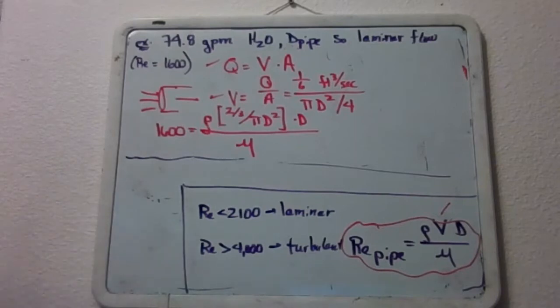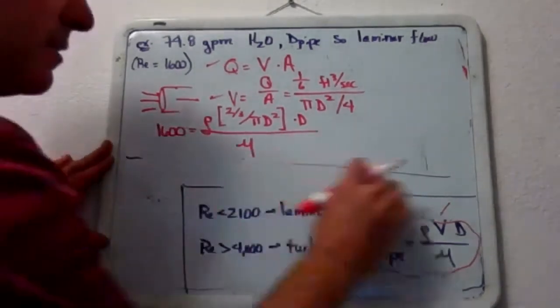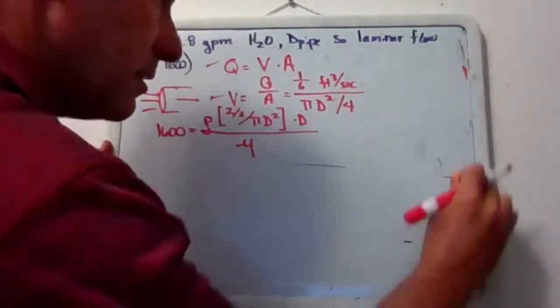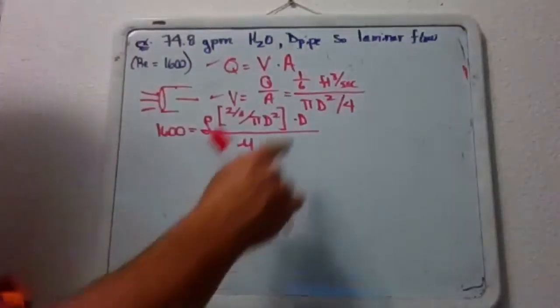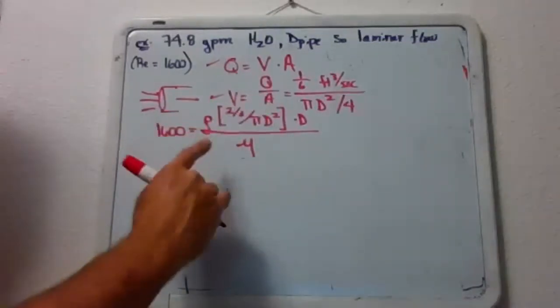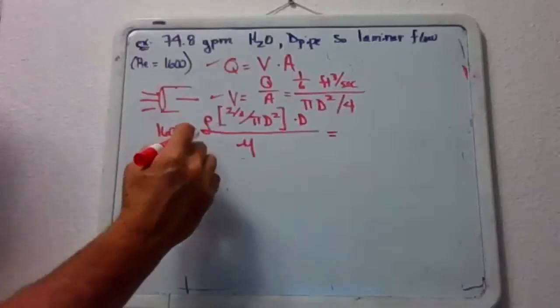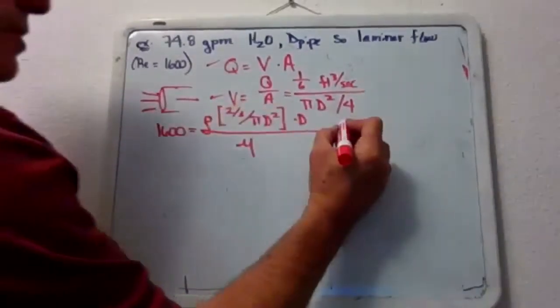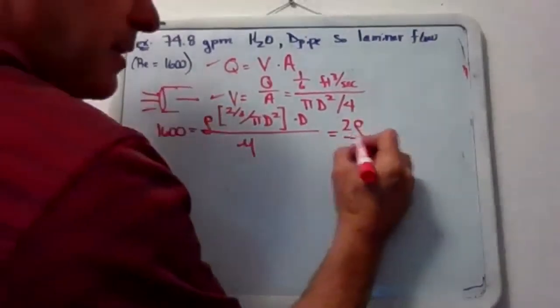Let me pause for just a second and see if that all makes sense. I'm going to erase this stuff here. Okay, so what am I trying to do in this case? I'm trying to solve for diameter. I might want to do a little bit of simplifying on this complex looking fraction. So there's going to be a rho in the numerator. This 2 is in the numerator. That might be it for the numerator.